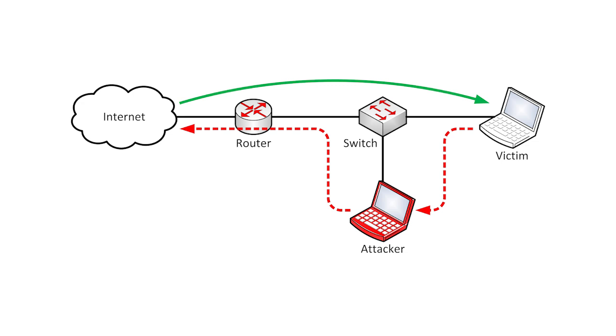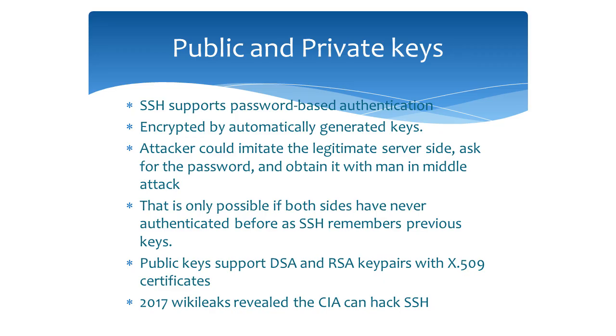But this is only possible if both sides have never authenticated before, as SSH remembers the previous keys of the client. Public keys support DSA and RSA key pairs with X.509 certificates. In 2017, WikiLeaks revealed the US CIA can hack the SSH Protocol 2.0.